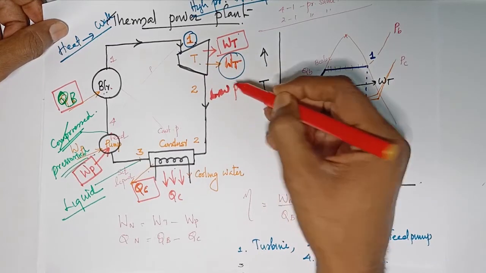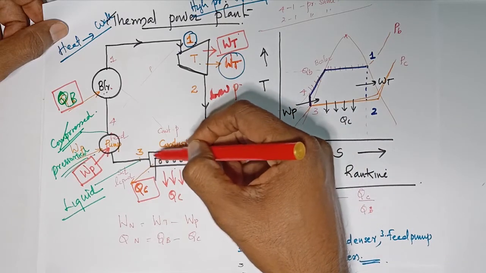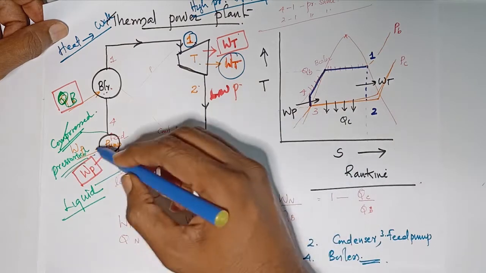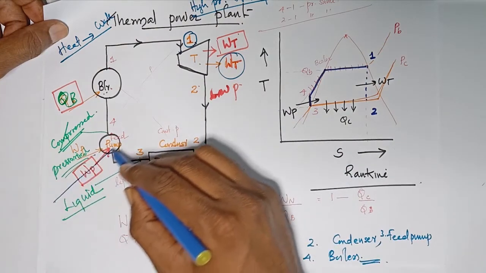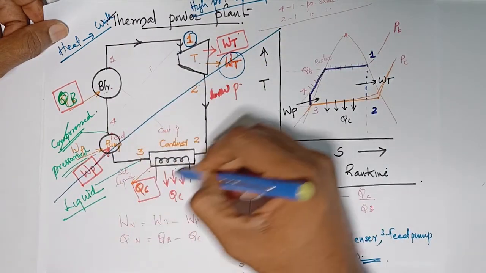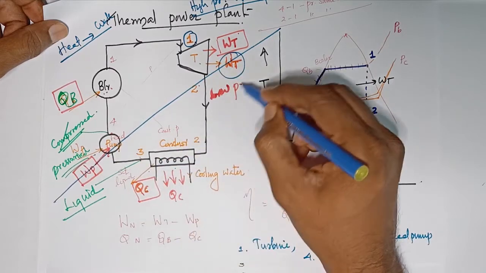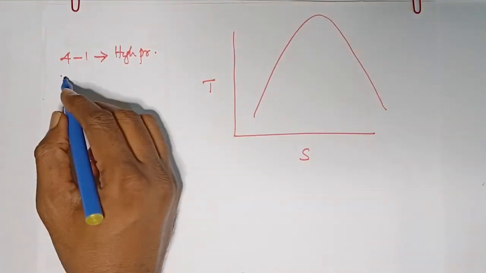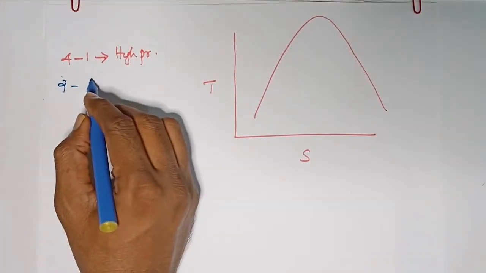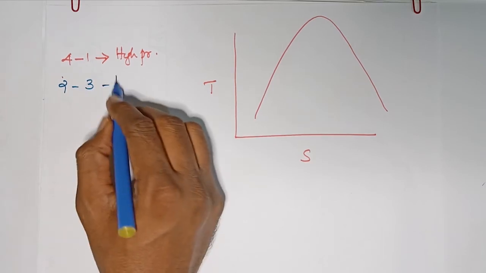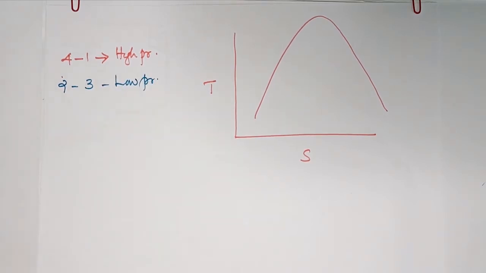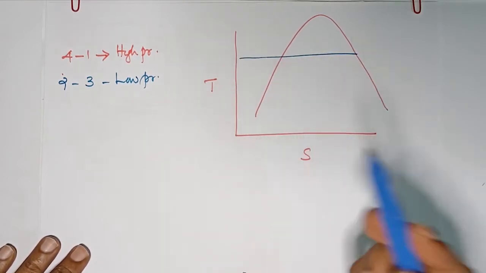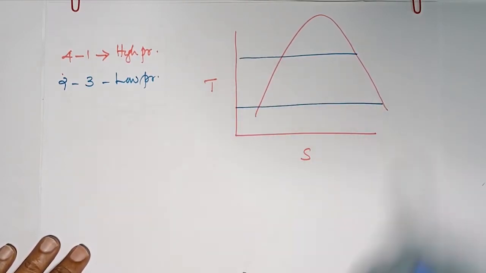Again low pressure. So 2 to 3. If we divide the whole thing, suppose this region is low pressure and this region is high pressure. So 2 to 3 is the low pressure region. So this we can mark. This is high pressure and this is low pressure.